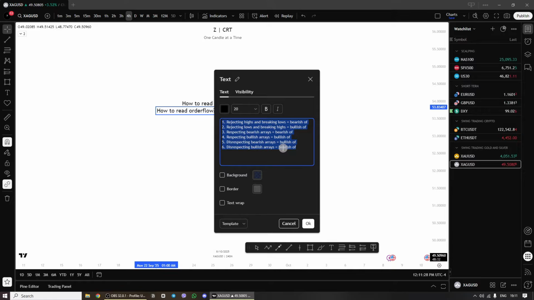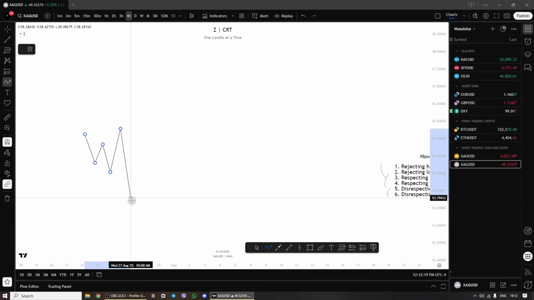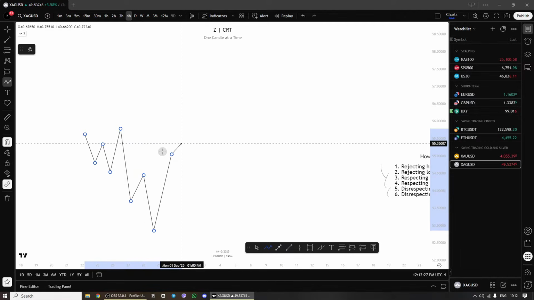What does this mean? Imagine whenever we switch the order flow, and how we switch it, we flip the high that took the low and we become bullish.